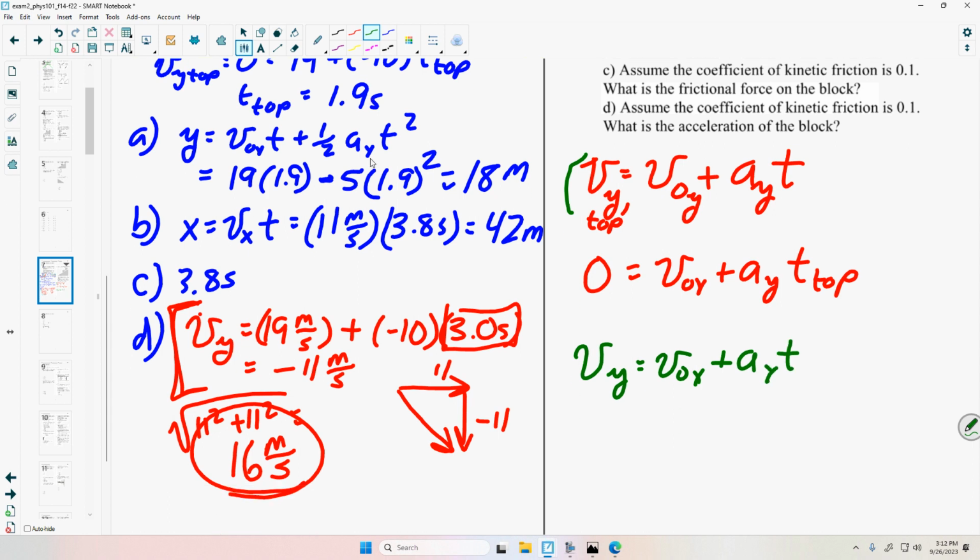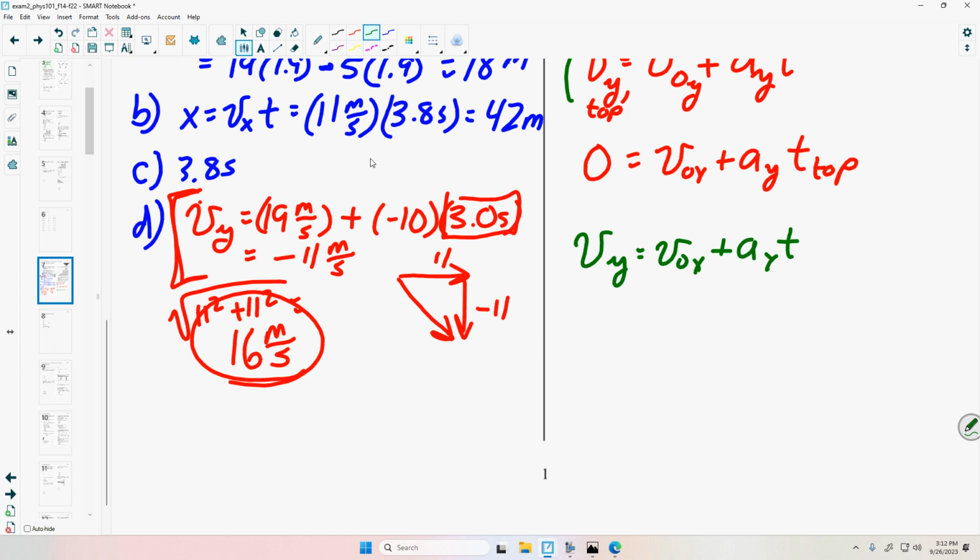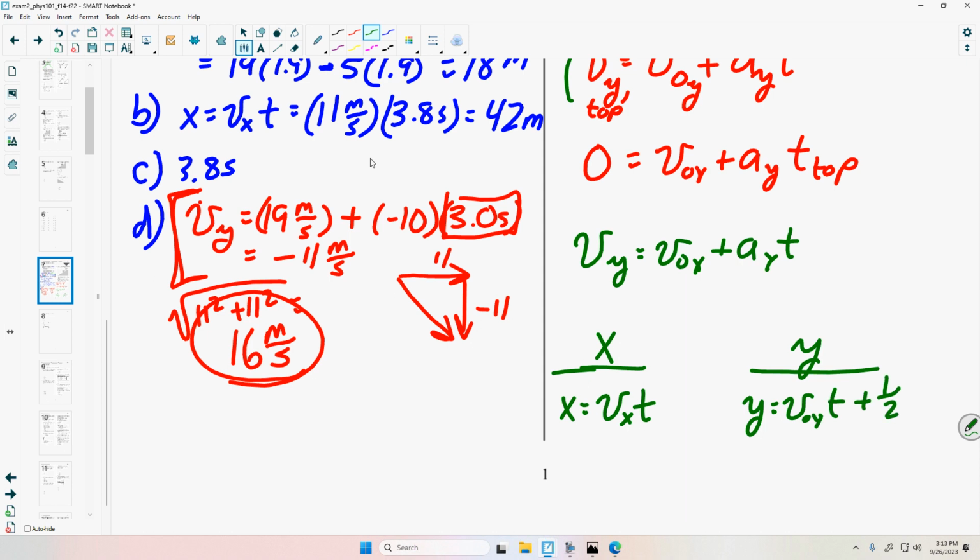Let me just write down the projectile motion equations too while I'm here. So in the x direction, we have 2, really just 1. I'm just going to write 1. X is equal to Vx times t. Remember, this is, well, let me write the y ones first next. And then for y, we had y equals V naught y times t plus 1/2 AY t squared.